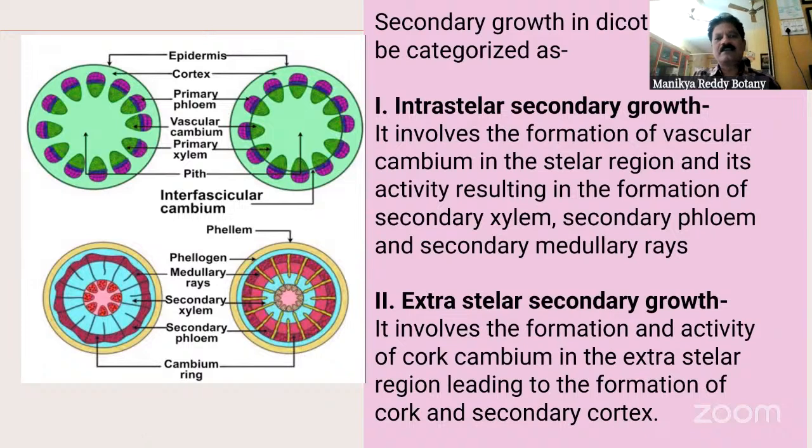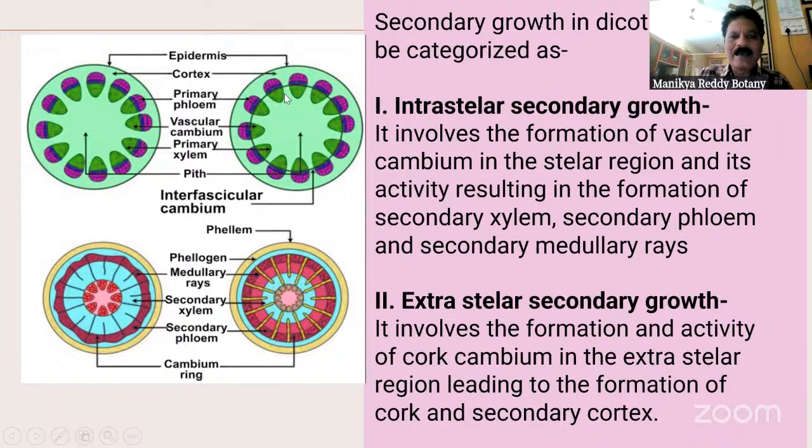At the time of secondary growth, this is the primary medullary ray, the parenchymatous tissue. The primary medullary ray is nothing but an extension of the medulla. This is pith or medulla, which is extended up to the pericycle between the vascular bundles.